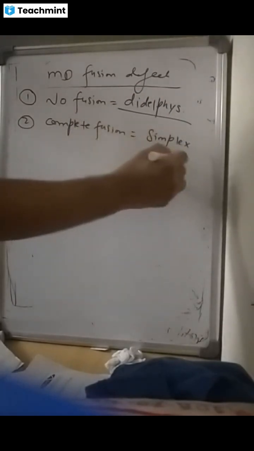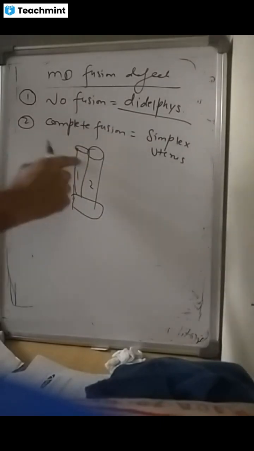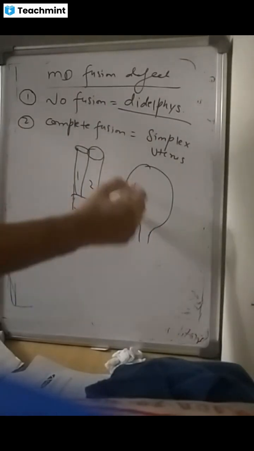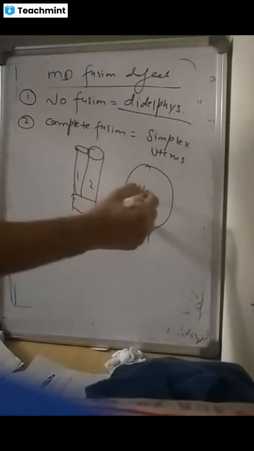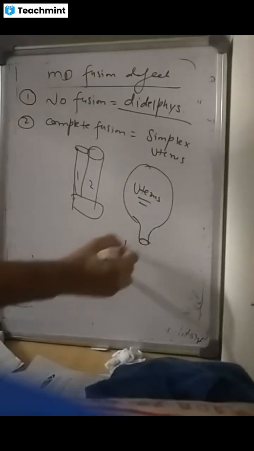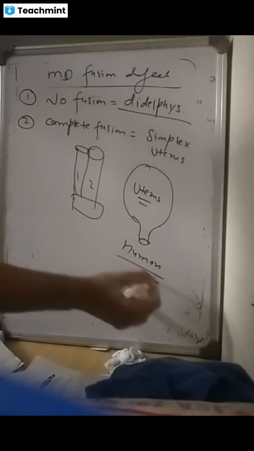No fusion leads to didelphys. Complete fusion gives a simplex uterus. Both ducts completely fuse and form like this. This is the uterus which is present in humans.